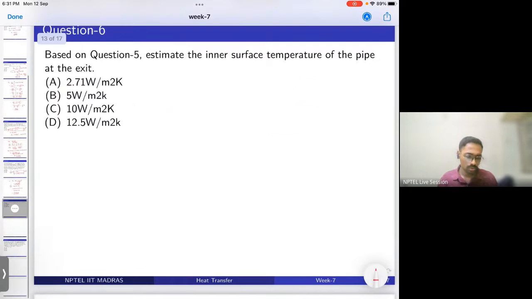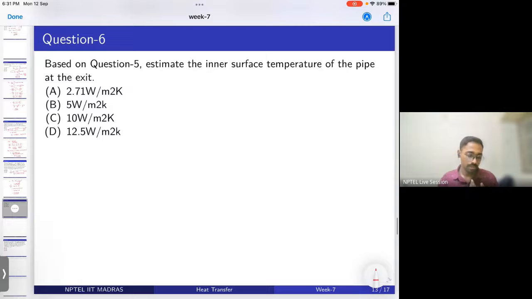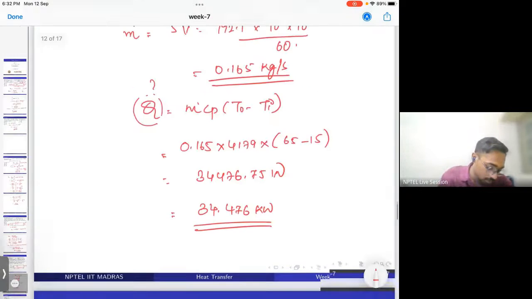I hope this question was also clear. So in continuation of this question, based on question 5, we need to estimate the inner surface temperature of the pipe at the exit. I think I have already done the same question, the second question.